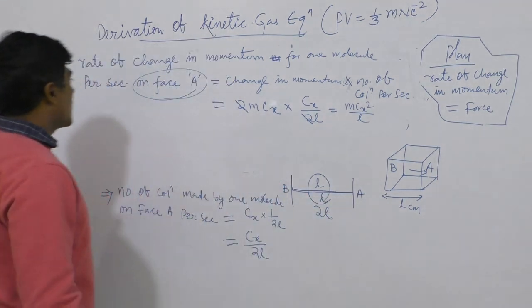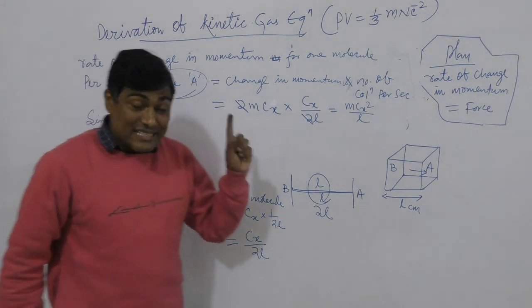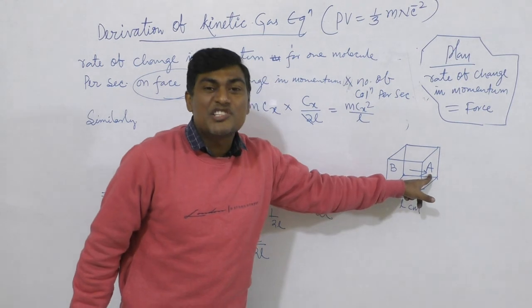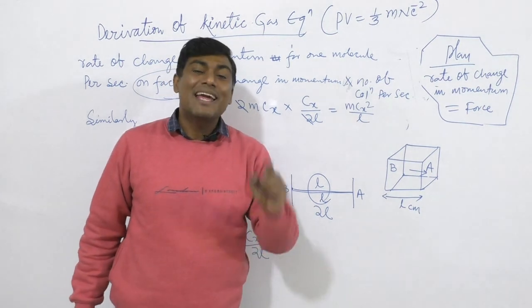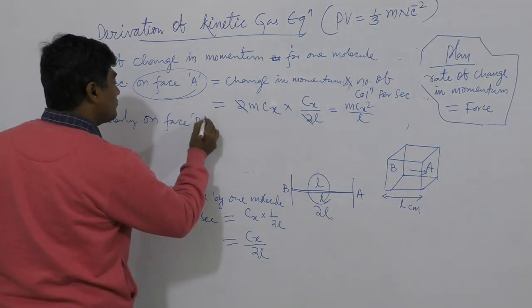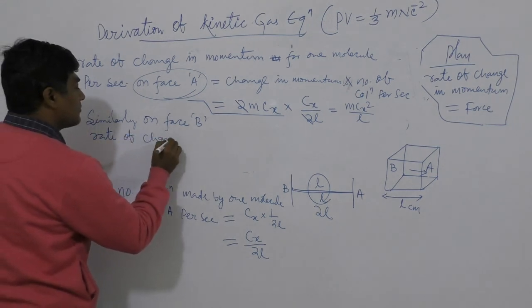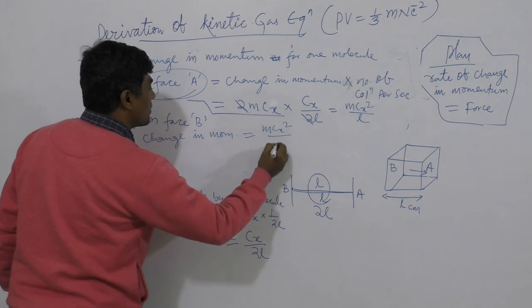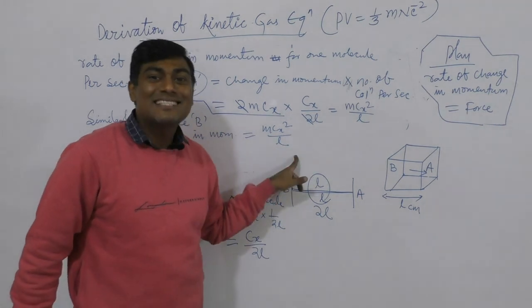But this is on face A only, for any one collision, maybe on A or B. Similarly, since face B is also in the x direction, if the rate of change in momentum on A is mcx square by L, face B will also get mcx square by L. So on face B, the rate of change in momentum is also mcx square by L. In the x direction, two faces are there, so we have to add these changes in momentum.